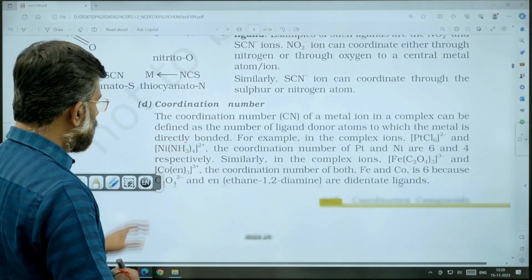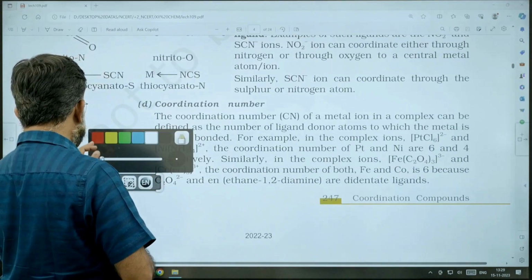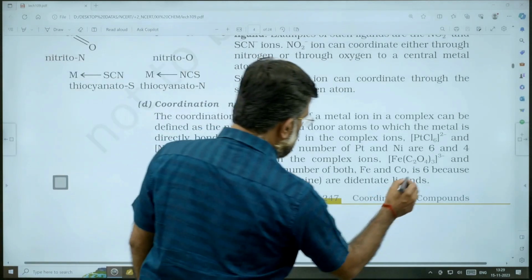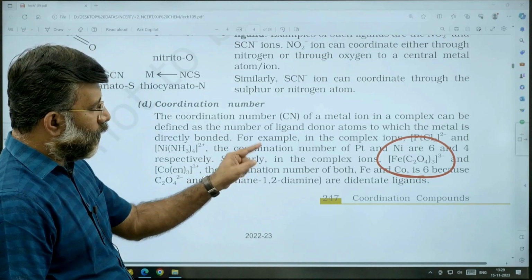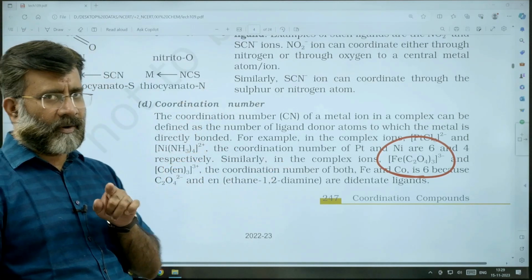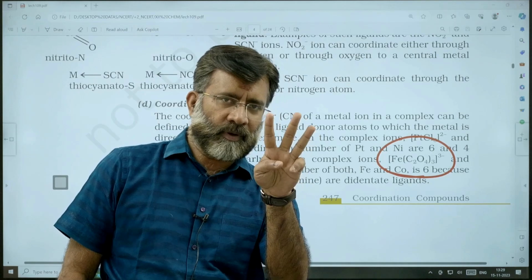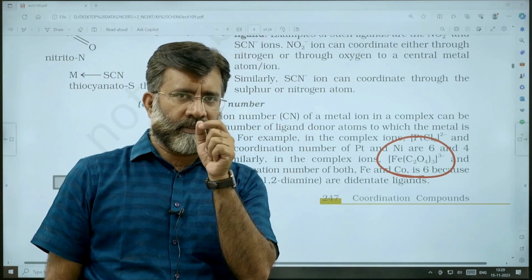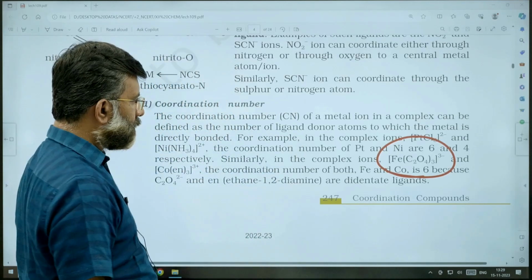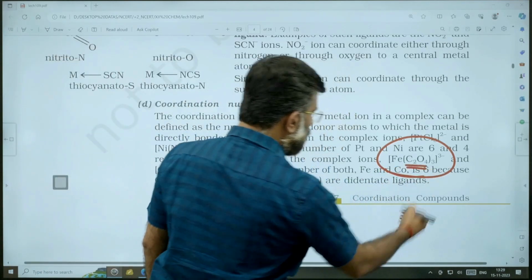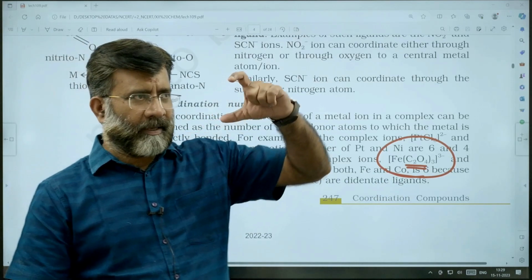Coordination number we have already commented on, and please be very careful writing the coordination number in such examples. Fe(C2O4) thrice. Don't say coordination number 3, it is coordination number 6, because each oxalato is didentate. C2O4 oxalato is didentate. 1 will make 2 connectivity.